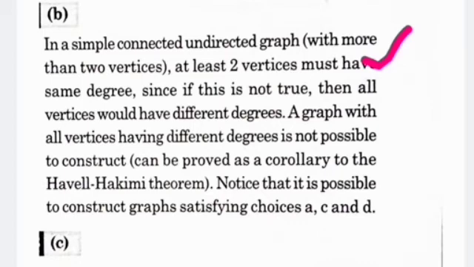If it is not true, then all the vertices would have different degrees. A simple graph with all vertices having different degrees is not possible to construct, which can be proved as a corollary to the Havel-Hakimi theorem. Notice that it is possible to construct a graph justifying options A, C and D. So the right answer is option B. Now come to the next question.